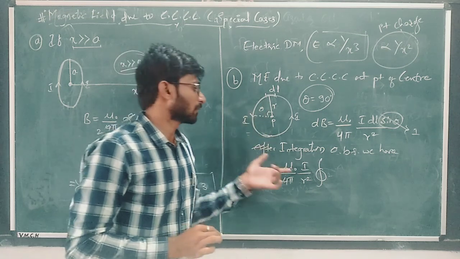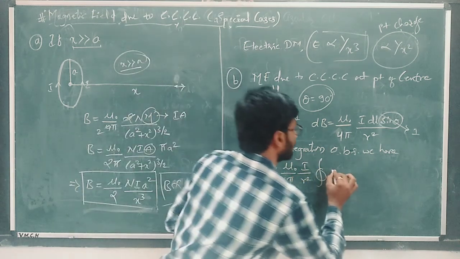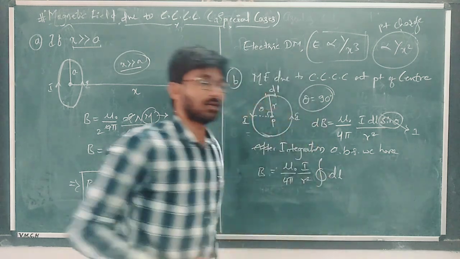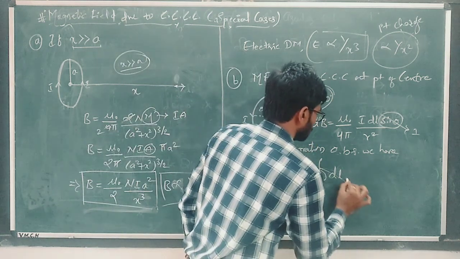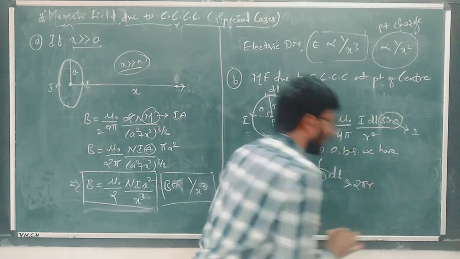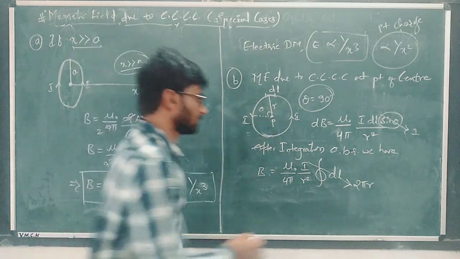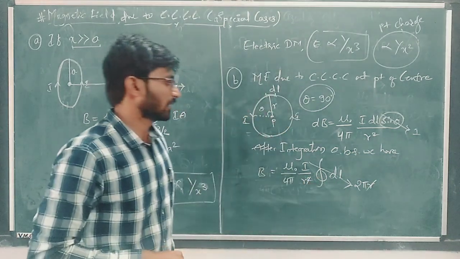For the whole closed circular path, the resultant of this integration is 2 pi r, where r is the radius. That's it. And now r cancels.